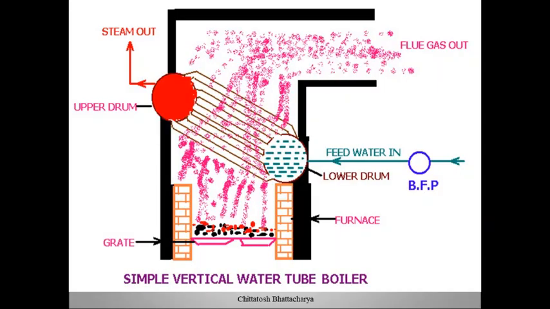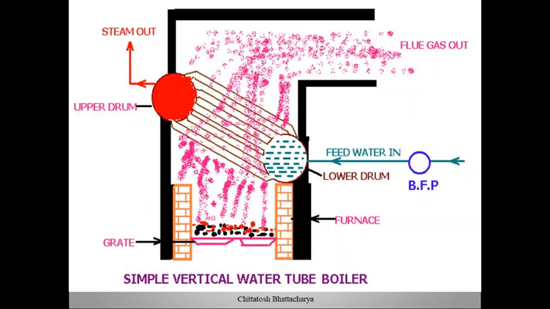In the primitive stage of simple vertical water tube boilers with a two drum arrangement connected by boiler bank tubes, the arrangement was such that feed water was taken in the bottom drum or mud drum, and the fuel, like lump coal, was spread on the travelling grate at the bottom and burnt.